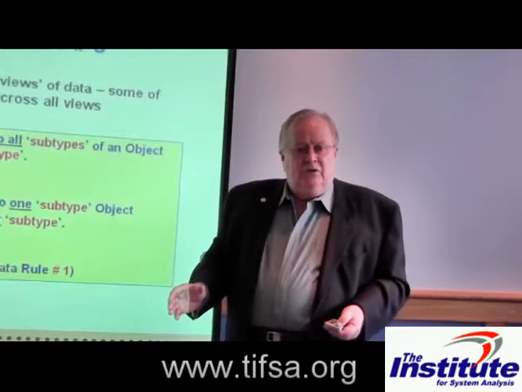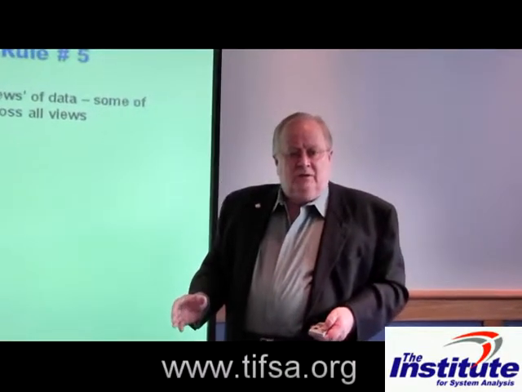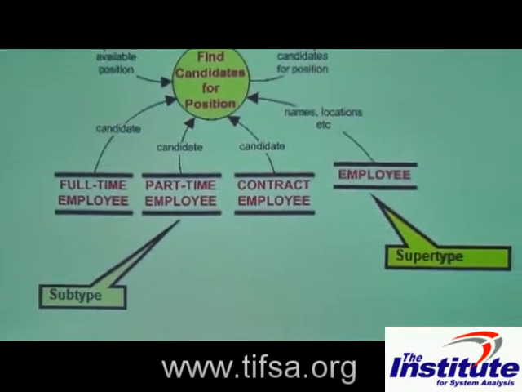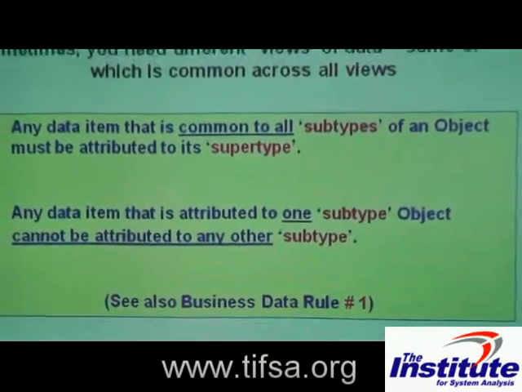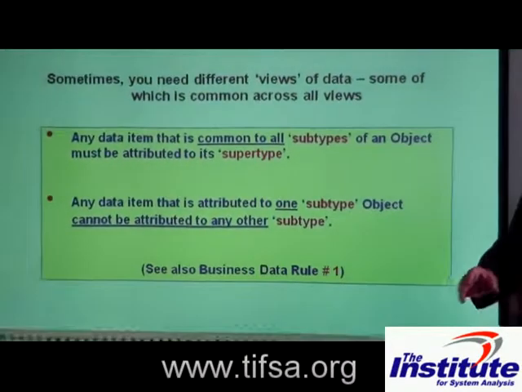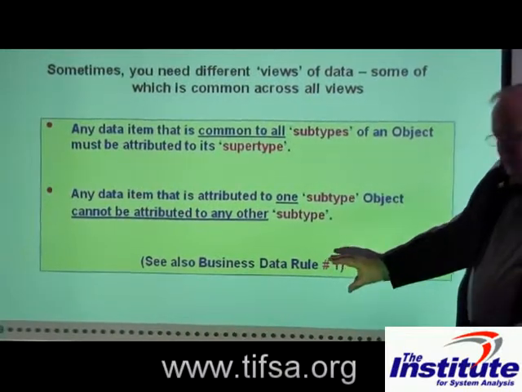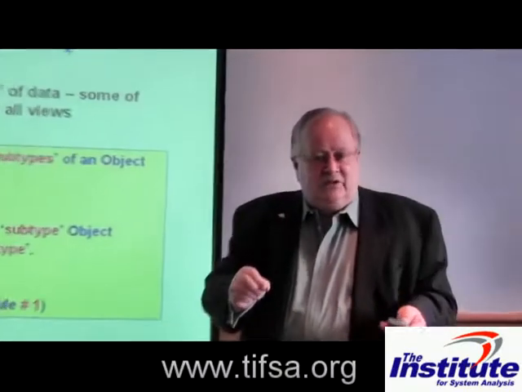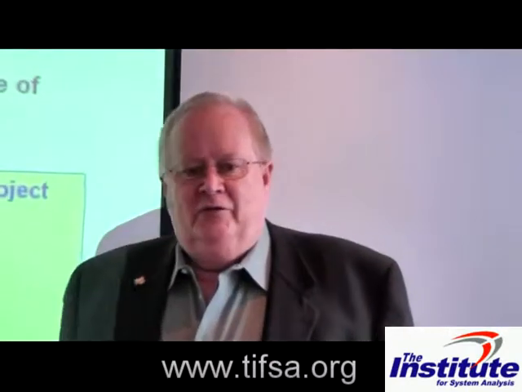In other words, you can only attribute to one object, not to several objects. Now that really is just rule number 1 all over again. And that is attribute the data item to one object only, the one it best describes, and to no other object. So rule number 1 seems to be getting very, very important here.